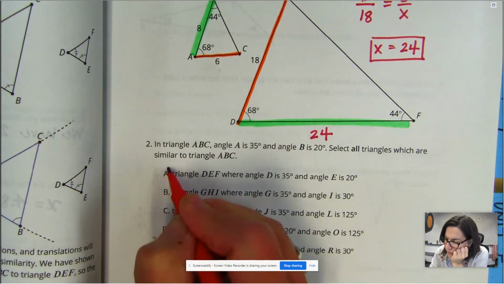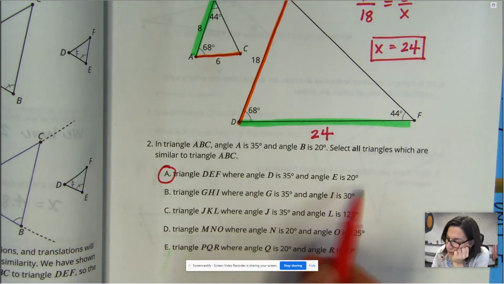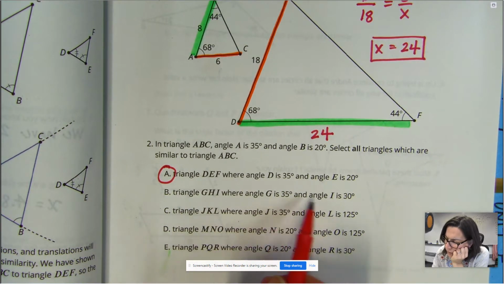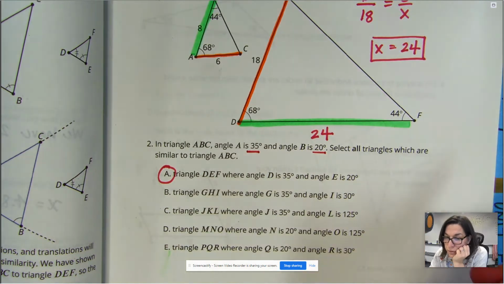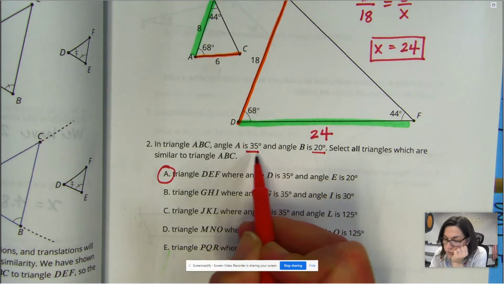So this is a good one. Okay. 35 and 30. Well, we have one, but we know when we have two known angles of a triangle, the third is locked in, right? By the triangle sum theorem, we need 180.